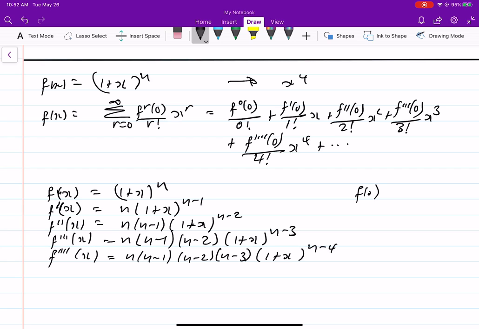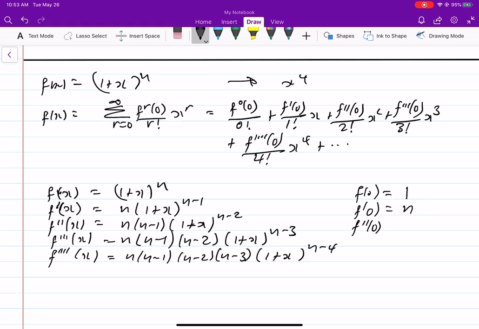F of 0 would be 1 to the n. I'm plugging in x equals 0. So it's 1 to the n, which is 1. F prime of 0, that would be n times 1, which is n.